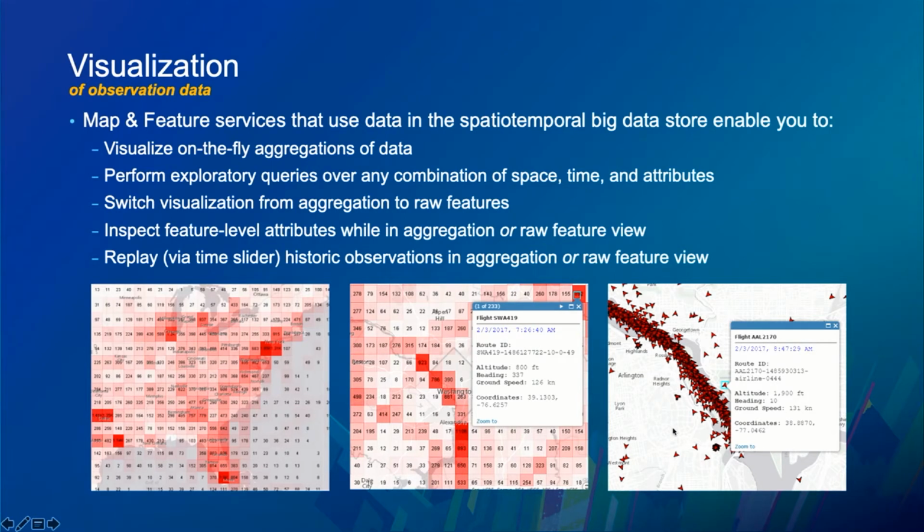What that means is when the number of features on your map is beyond a certain feature threshold, it will automatically switch over to the aggregation view, as the left screenshot shows. The feature threshold is something you can configure when you publish the map service. You can also update the value later on by updating the map service.